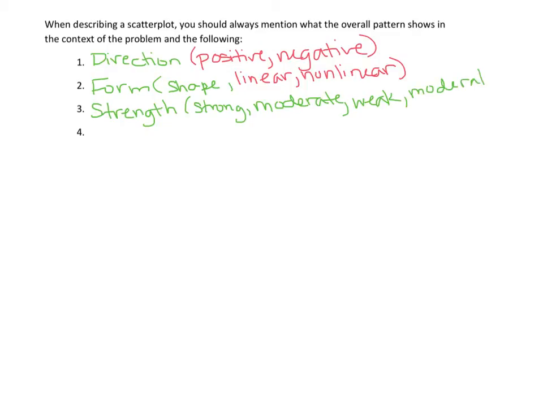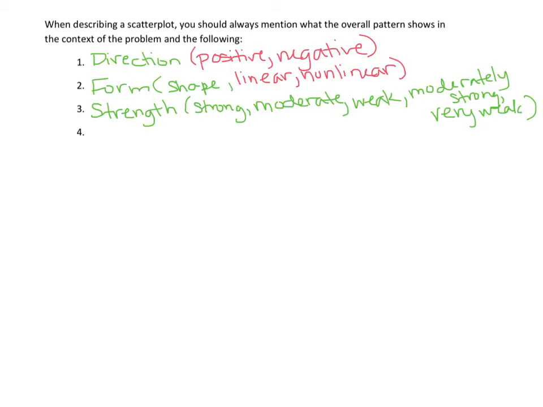You can say moderately weak. You can say very strong, and you can say very weak. So I listed just a few of them, but there's a few ways that you can talk about it. And a lot of the things about strength are very subjective. So if you can't figure out if something is strong or moderate, do not worry. You're not going to be marked off on that unless you're way off.